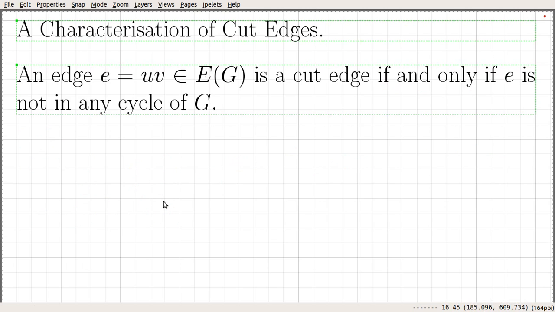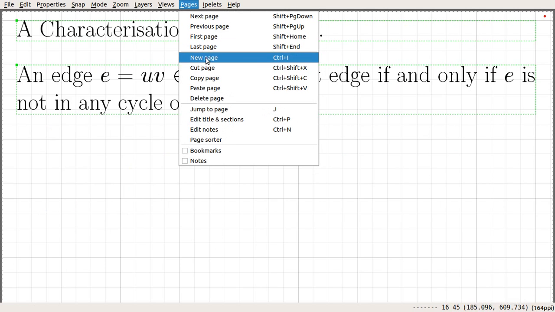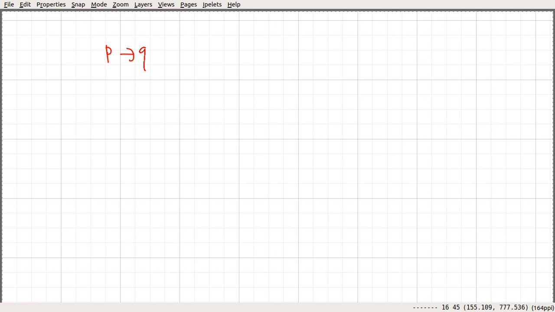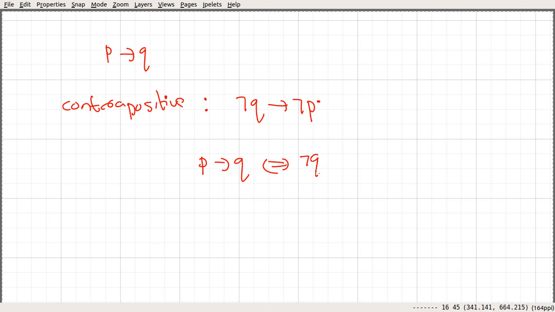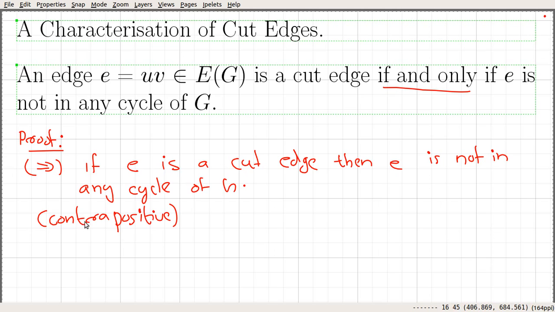If we have a statement like P implies Q, the contrapositive of this statement is negation of Q implies negation of P. And from logic we know that these two statements are equivalent: P implies Q is equivalent to negation of Q implies negation of P. So we can use the contrapositive technique to prove this statement.